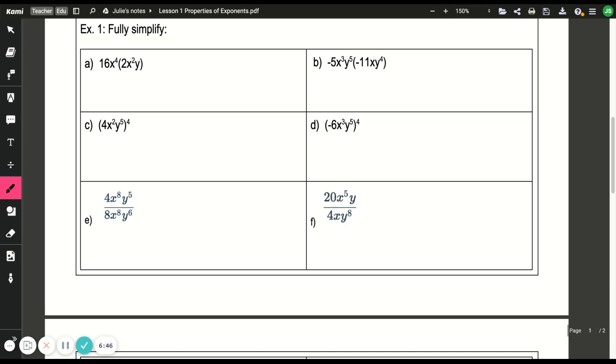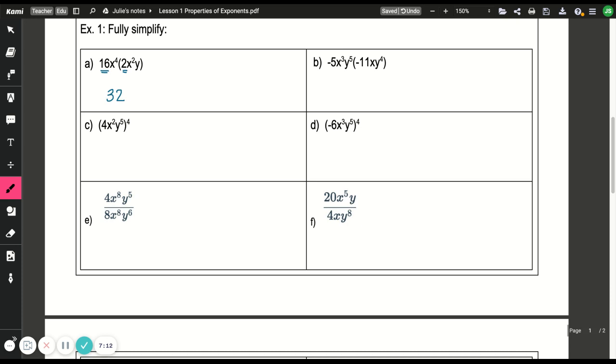So this first one, we are multiplying 16x to the 4th by 2x squared y. When we multiply, we already talked about up above that you add coefficients, you add exponents. We are going to multiply coefficients. So if there are numbers in front, you multiply them just like you normally would. 16 times 2 is 32.